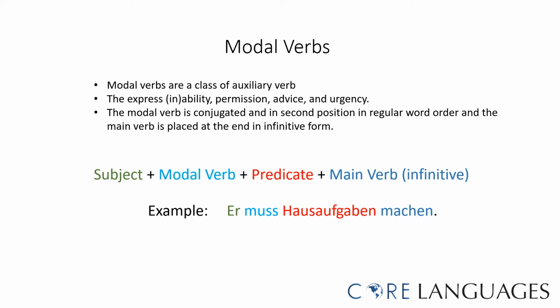If I translated the sentence directly, it would go, he must homework do. He must do homework. The main verb machen is placed at the end of the sentence, and the modal verb müssen, conjugated based on the subject, is placed in second position.